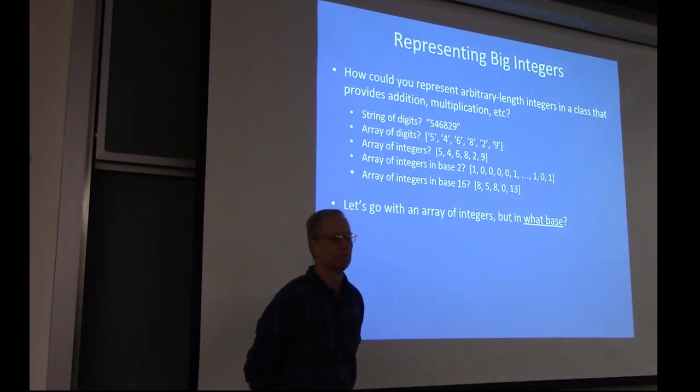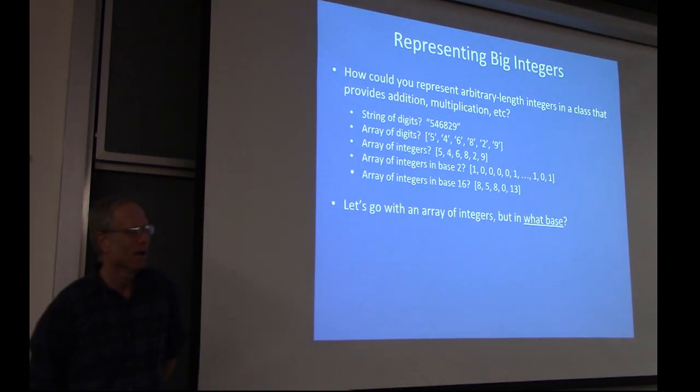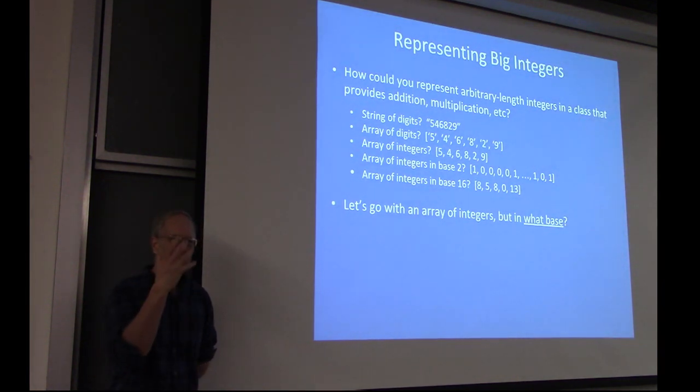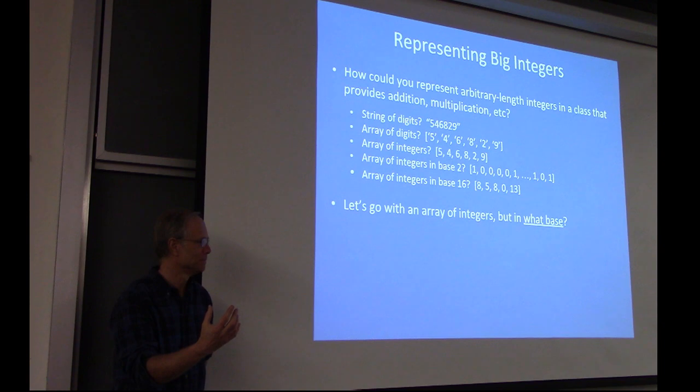But what's the downside? Performing arithmetic sucks. Every other operation is hard, because the Unicode value for the character 5 is not 5. I forget what it is, but it's not 5. 53.